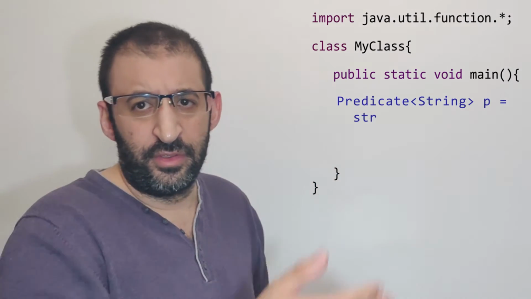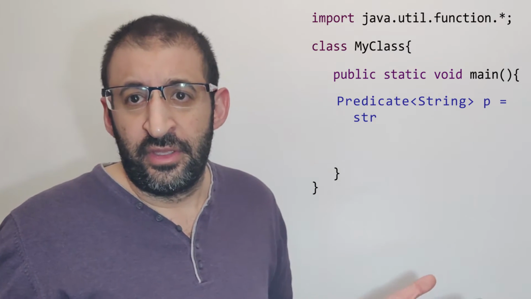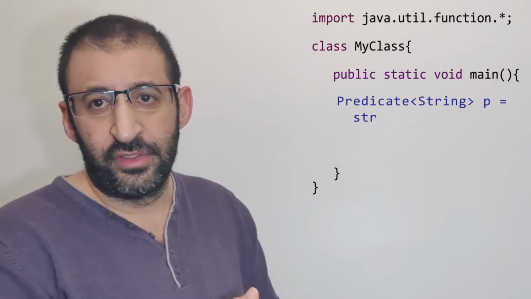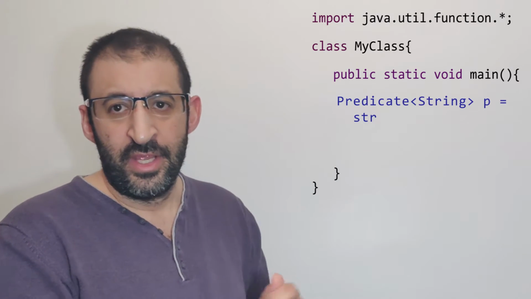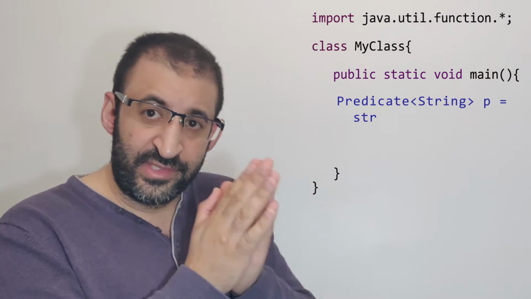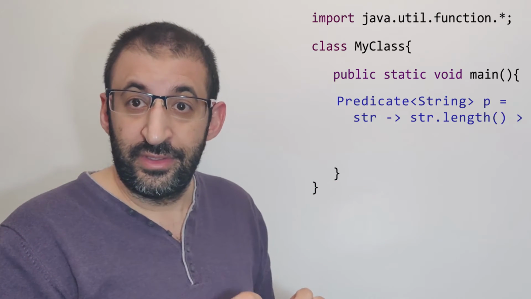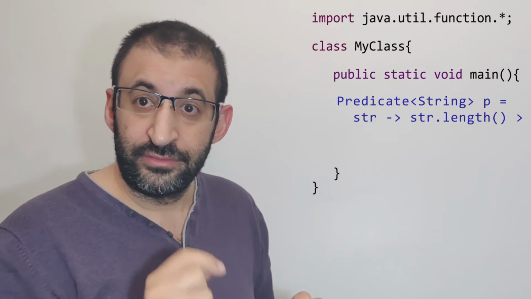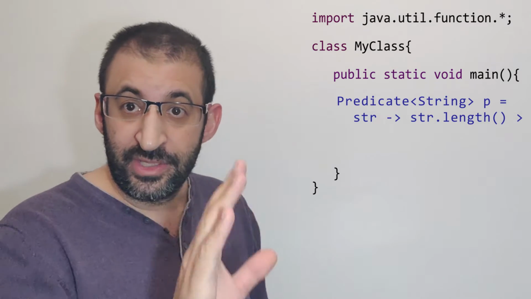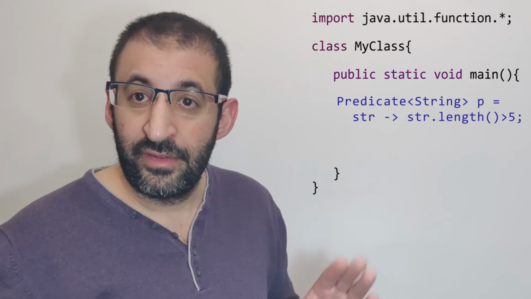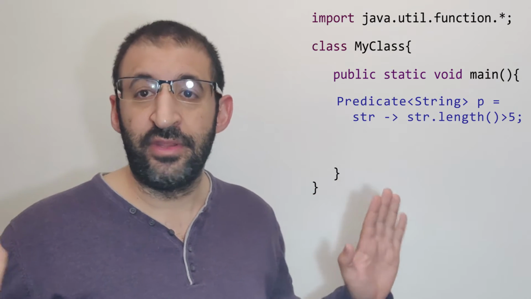So I have removed all the things that we don't need about lambda expression. I have done it before for the previous example. It is the same thing. So I have str, simple arrow, and I want to check str dot length method is greater than 5. Okay, that is my predicate.